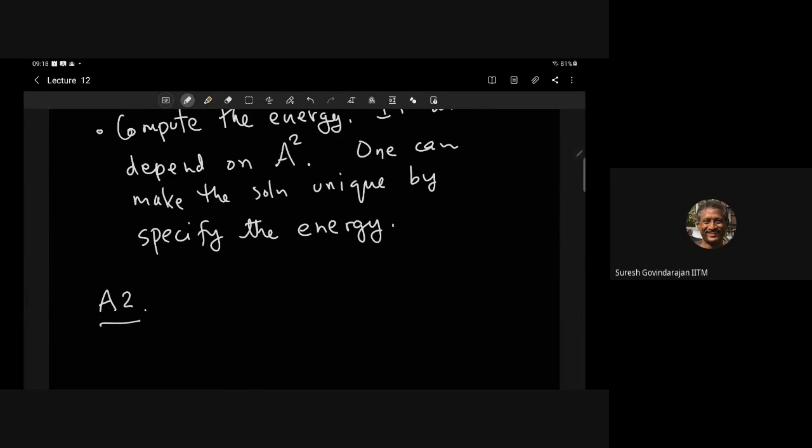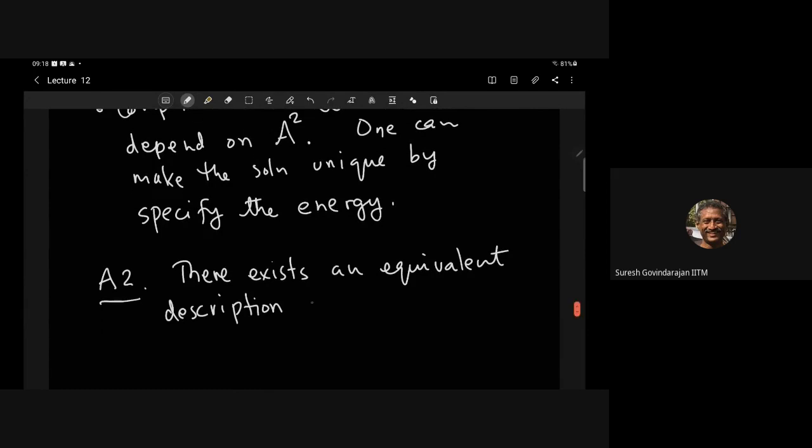Answer 2 is that there exists an equivalent description where we can convert the problem to an initial value problem.